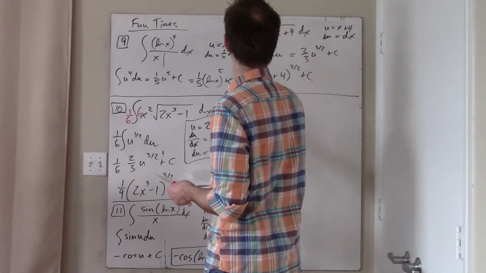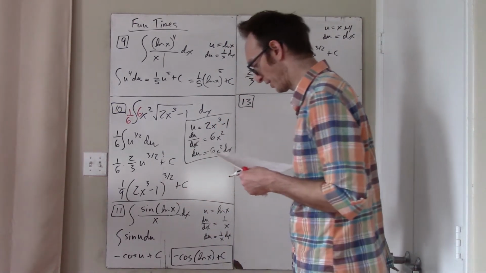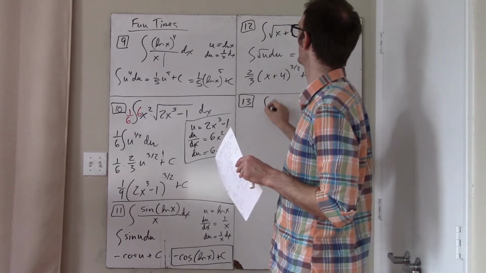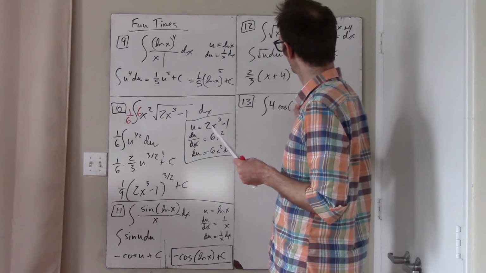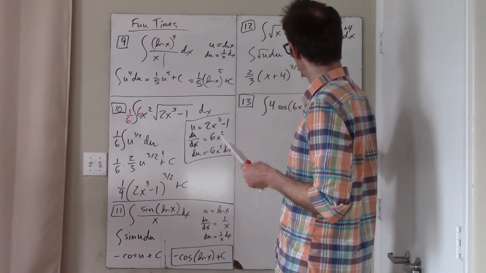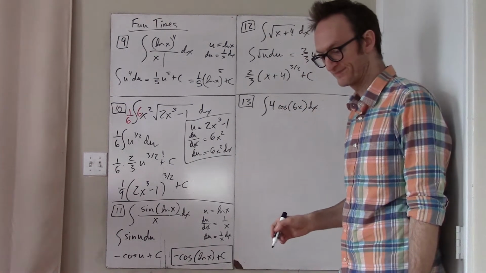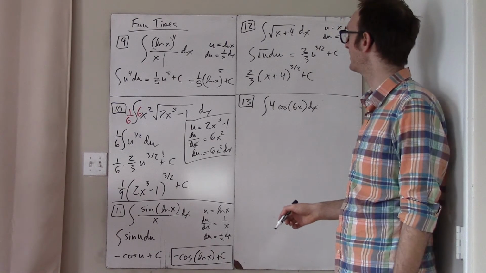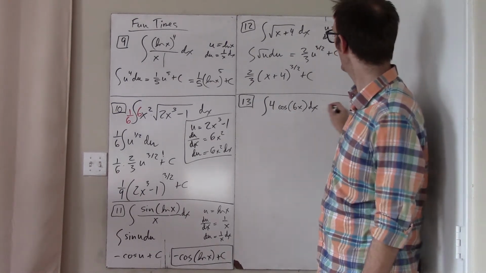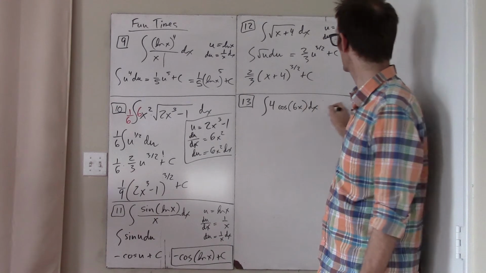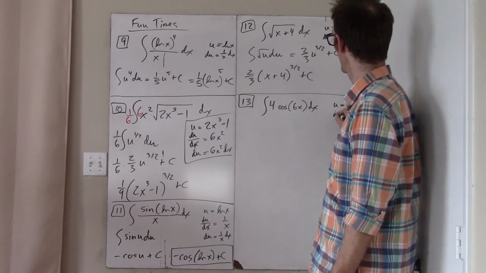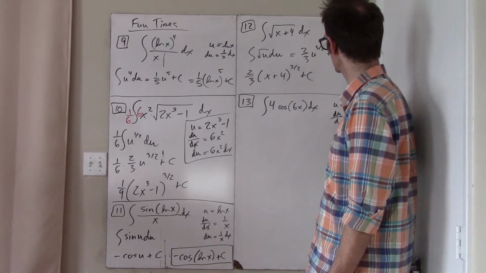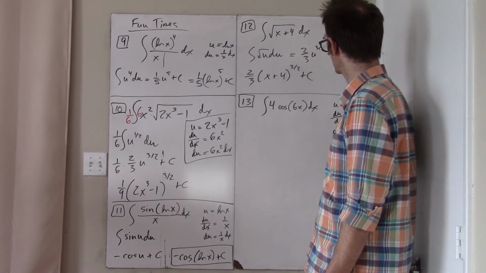Number 13 is another problem that if you are starting to feel very confident, you might want to try to do kind of in your head without doing the explicit u sub, but I don't really recommend it. Here you let u be 6x because it's the inside function, and then du/dx is 6, so du is 6 dx.